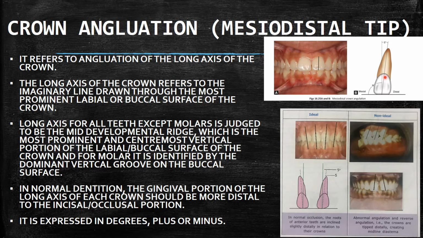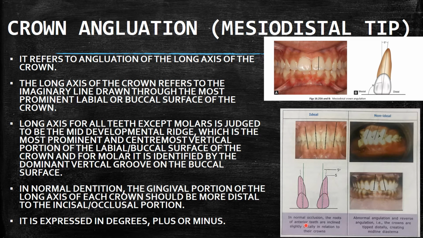And if it is vice versa, when the gingival portion of the long axis of the crown is mesial, as you can see over here, it is regarded as minus. So this is the ideal case. This is the long axis, and the gingival portion of it is more distal.